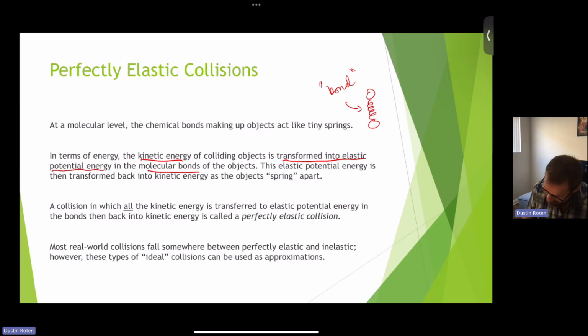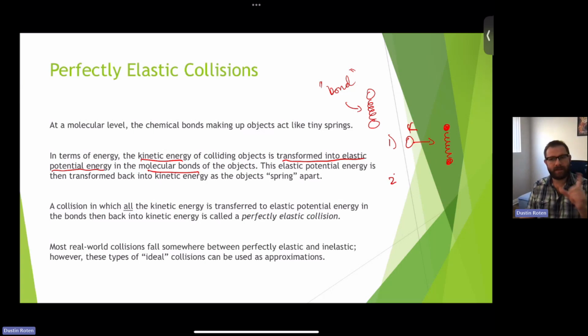So you can imagine a step one here. We have a ball traveling towards some object, and this is the molecular makeup of the object. It's got lots of atoms connected by springs or bonds, but we're just going to look at what's happening over here on the microscopic level. So this ball has some kinetic energy.